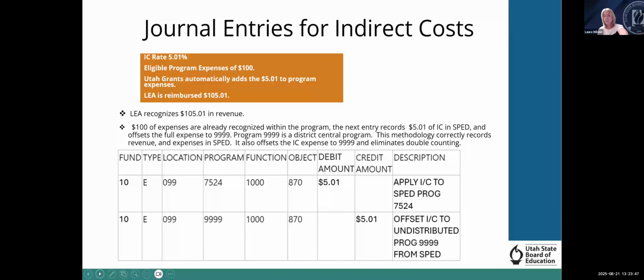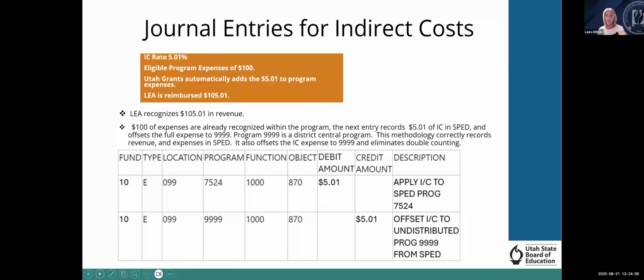So your 870 objects, which are the indirect cost objects, you now have these canceling each other out. And the reason that we do this is so that we don't double count the expenditure. So in other programs, we've already paid for the lights or the custodial or whatever it is.